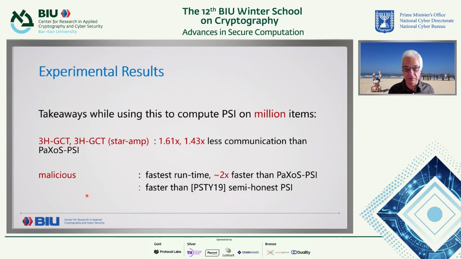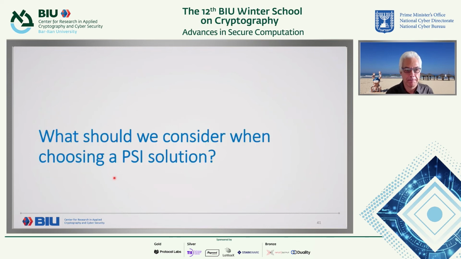The main takeaway, okay, ignore everything. The main takeaway is that we get malicious PSI with runtime which is similar or even better than the previous PSIs with only semi-honest security. So PSI is a great example where malicious security gets you almost the same. We get it with almost the same overhead as semi-honest.